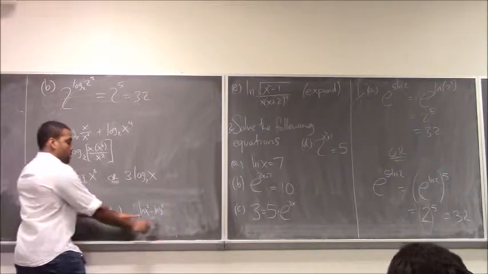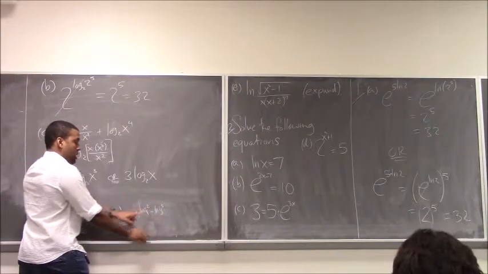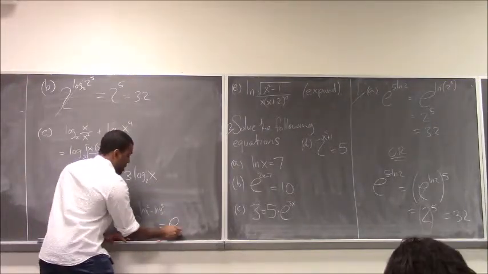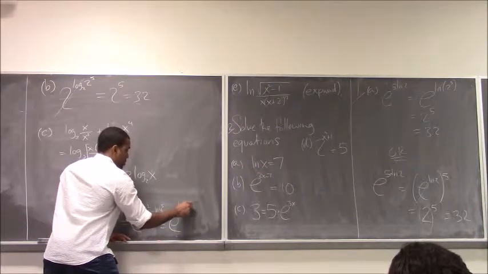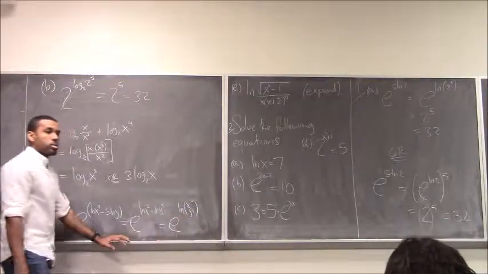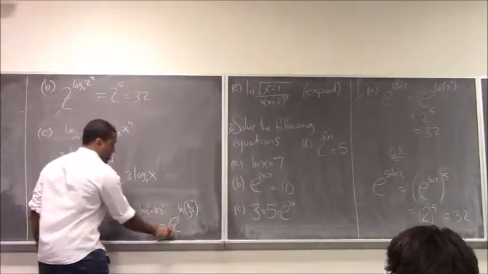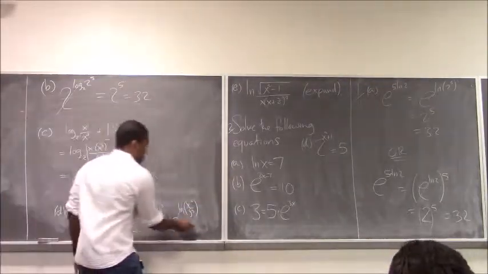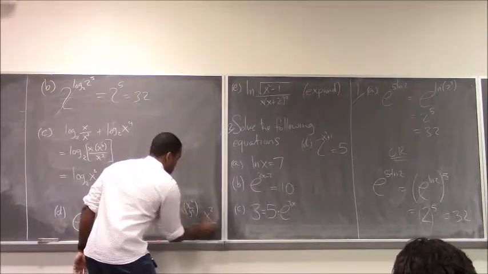Then there's a rule that says when two logs are subtracting, you're dividing the things. So you end up with e to the ln of x squared over y to the fifth. Now you can cancel that, so it becomes x squared over y.